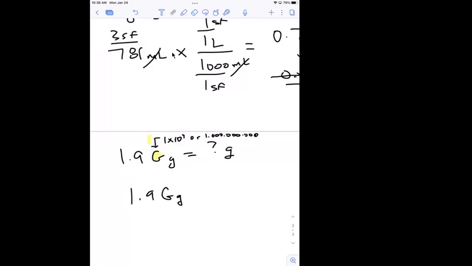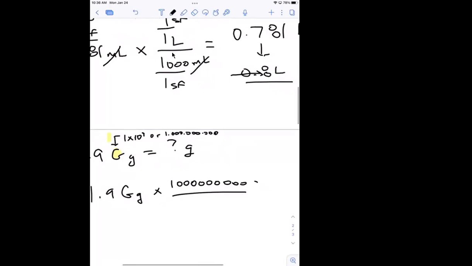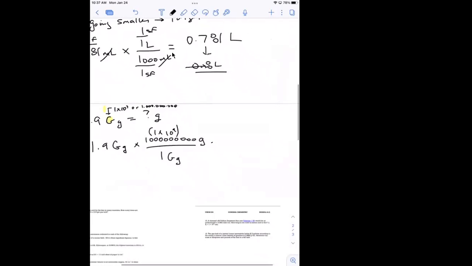What's my conversion factor? 1 billion grams. I'm gonna keep the units over 1 gigagram. Or we can also put this in scientific notation, 1 times 10 to the 9 grams over 1 gigagram. Either way, it's going to be a huge number in the product that we're going to have to simplify down.